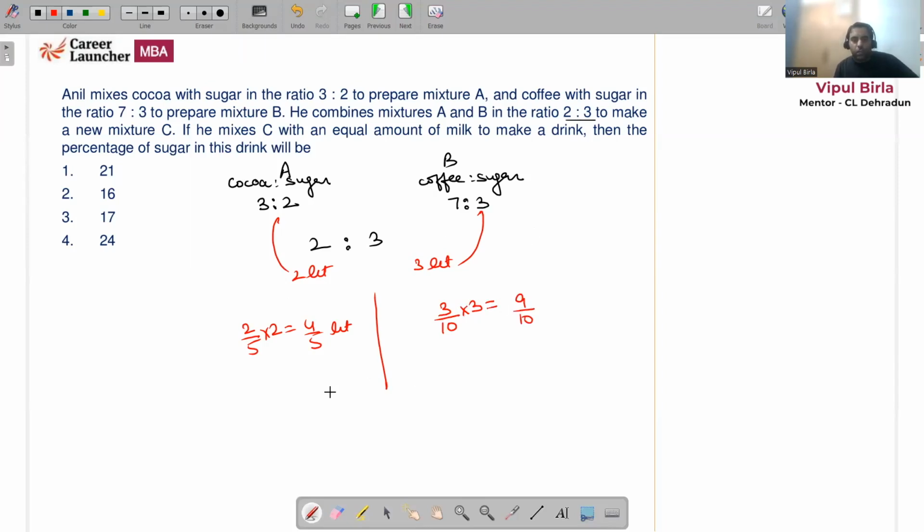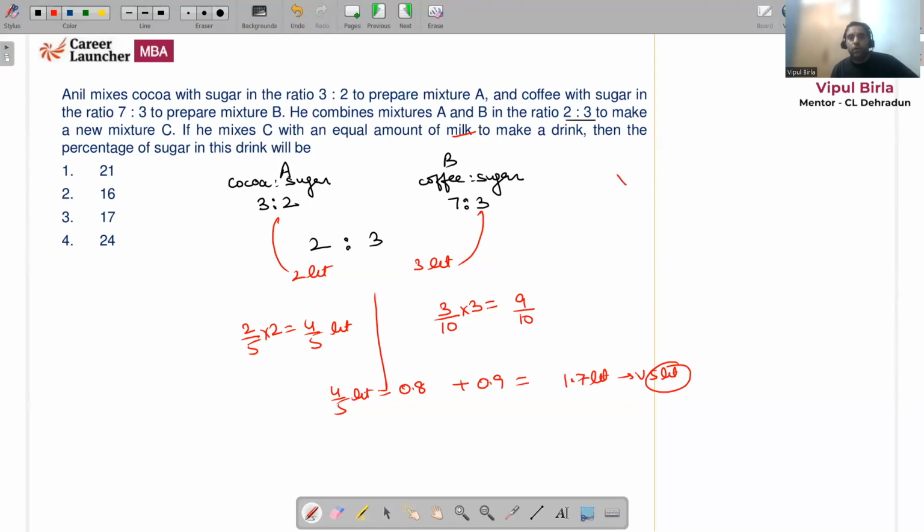So in total, the amount of sugar will be 4/5 liter, which is equal to 0.8, plus 0.9, which is equal to 1.7 liter in a volume of 5 liter, which is obtained by mixing 2 liter and 3 liter of A and B. Now, the same amount of milk is added to this. So the addition of milk will not change the volume of sugar.